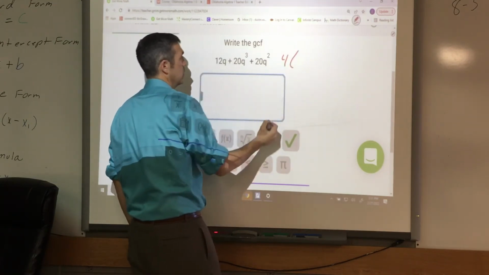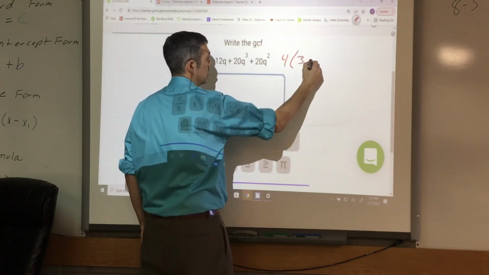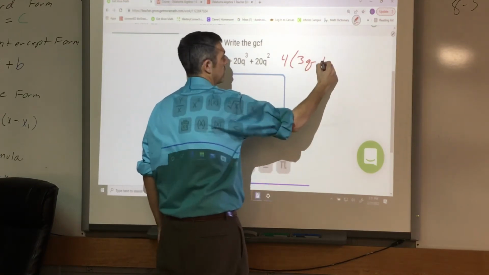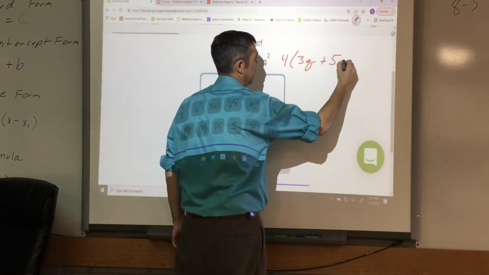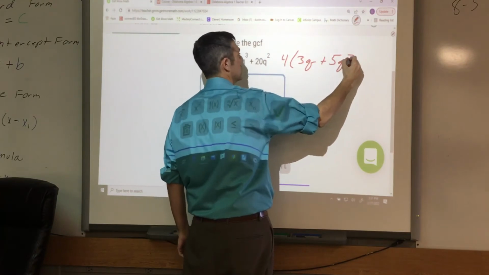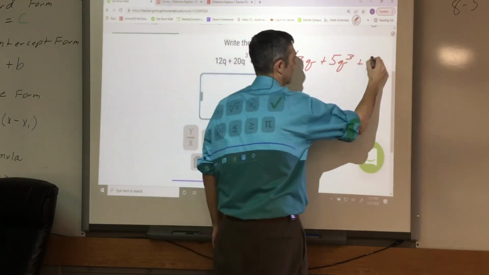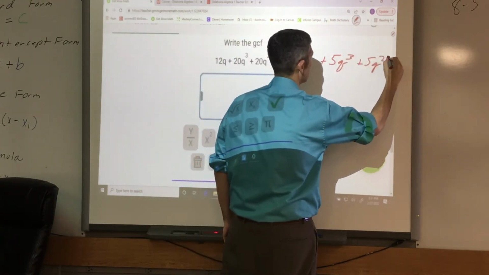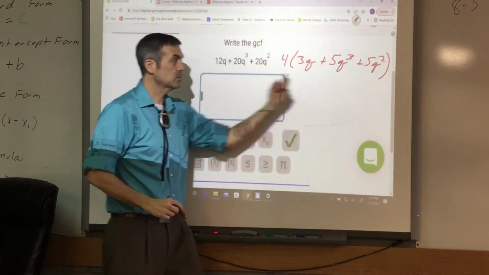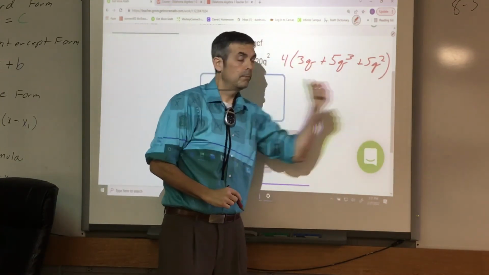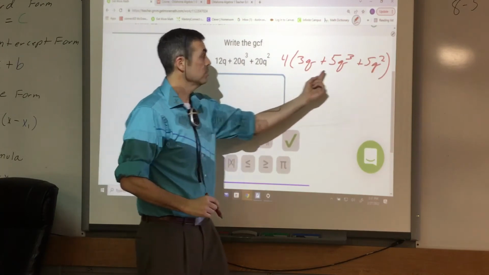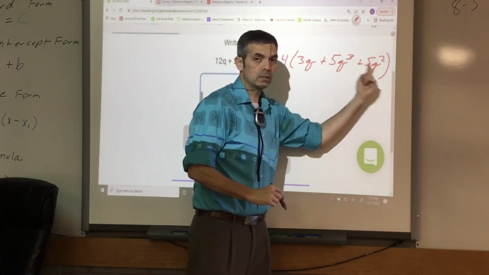Pull 4, and that gets you 3q plus 5q to the third plus 5q to the second. Okay, and that's what that would look like so far. But now we also have q in here, in each one of these terms.